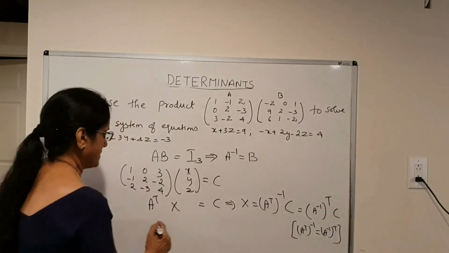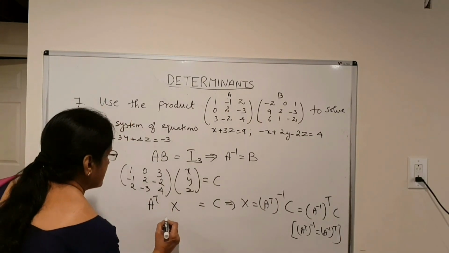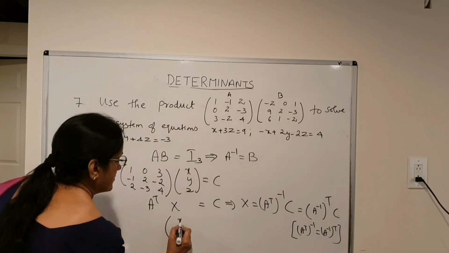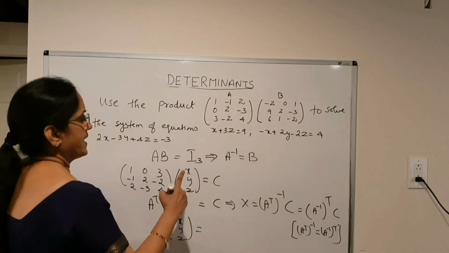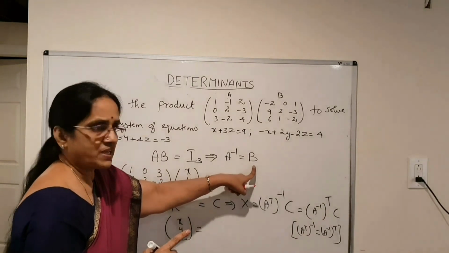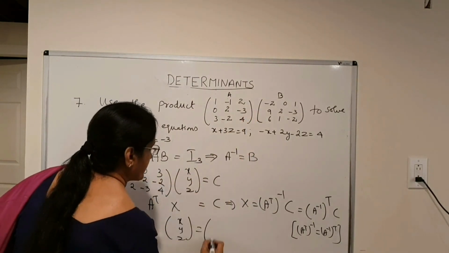Now let me write here X, Y, Z is equal to A inverse. A inverse is nothing but the matrix B. What is the matrix B?